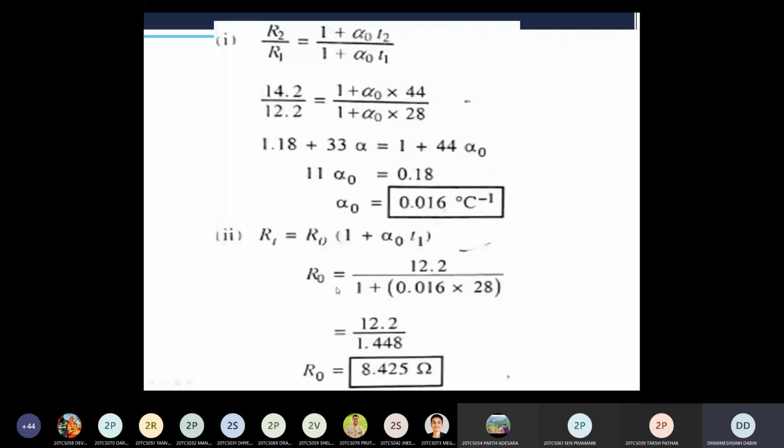Suppose 12.2 ohm resistance, which is at 28 degrees Celsius. So T1 becomes 28. Temperature coefficient we already calculated, 0.016. So you get the answer 8.425 ohm, R0, the resistance at 0 degrees Celsius. All of you get the second answer?